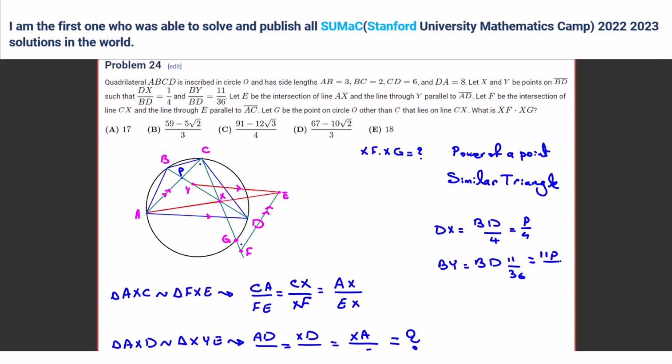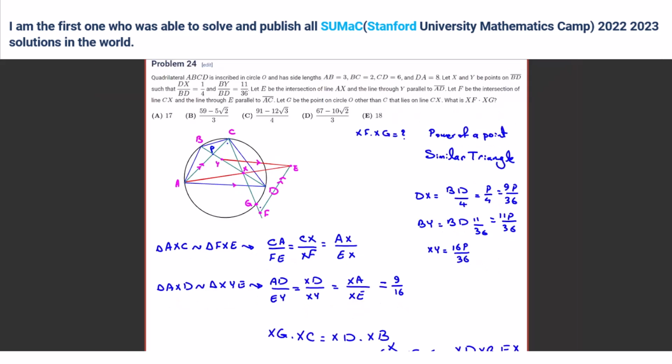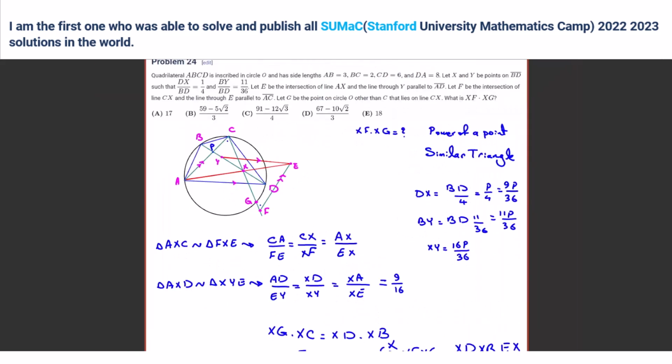Okay, P over 4. So 11P over 36. Here we can also say 9P over 36, right? Yeah. And XY is what? 16P over 36, right? Yep. Okay. So here it says XD is 9 over 36 over 16 over 36, 9 over 16, right? Yeah, so EX over AX is 16 over 9. Okay, so here we found this relationship.